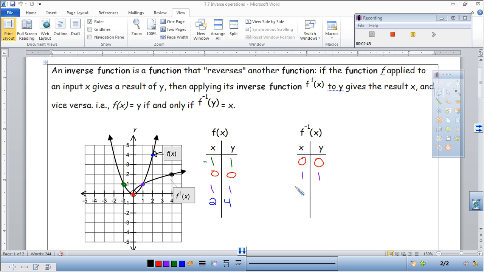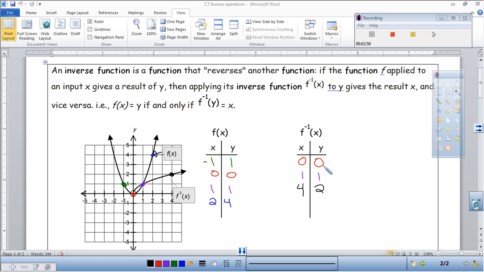When x is 4, y is 2. And you can see the difference. When x was 2 in my original function, my y was 4. On my inverse function, the x will be 4, then the y will be 2. You basically just switch the x and y values.